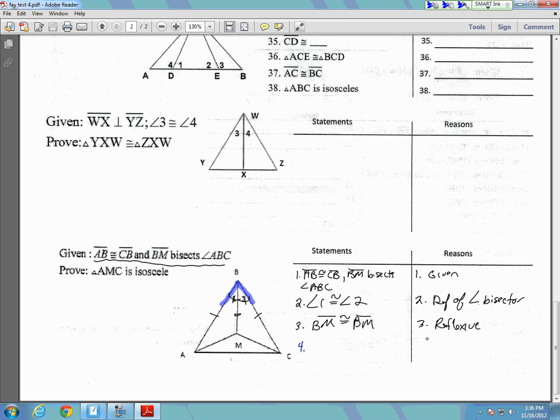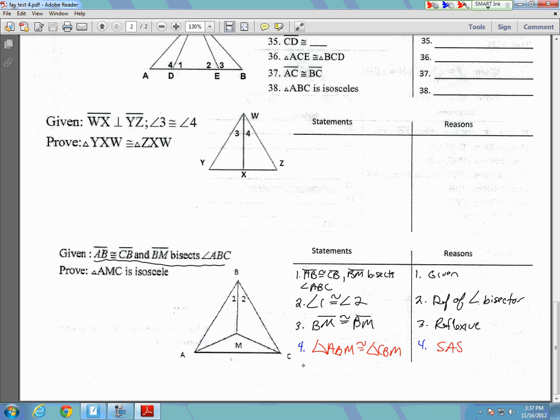Step number 4, now that you've said that, you've got side angle side in this triangle right here. You can say that that triangle is congruent to that triangle. So I've got triangle ABM congruent to triangle CBM by side angle side.